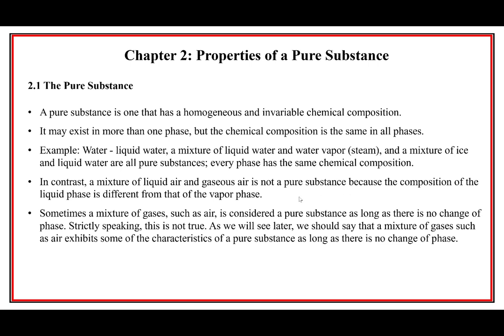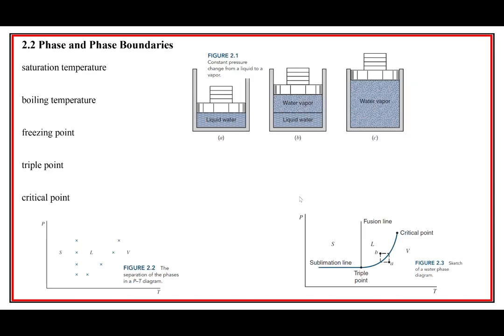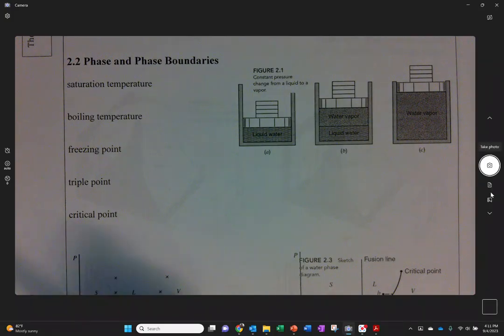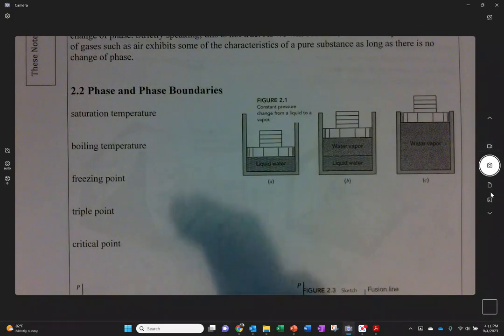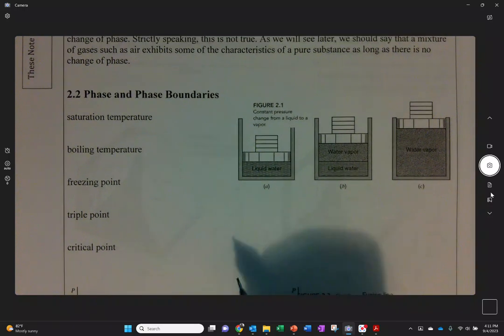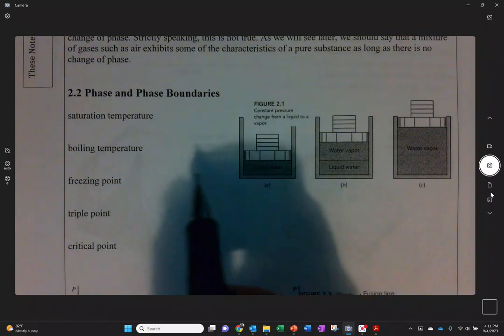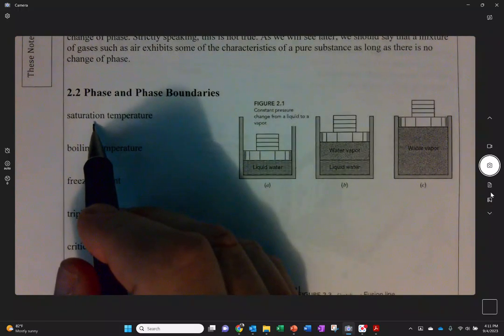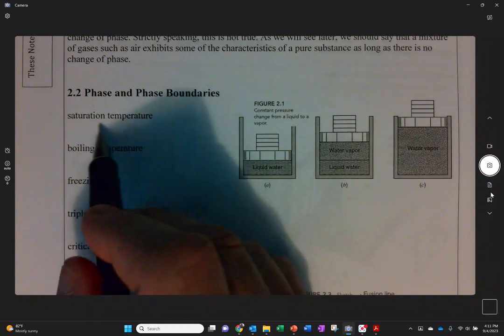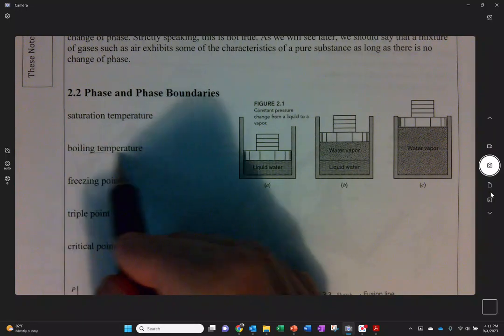I think that's all we had to say in there, right? We can switch over to the note sheets and take a look at some further definitions. First, we have saturation temperature, which is basically the same thing as the boiling point, right?